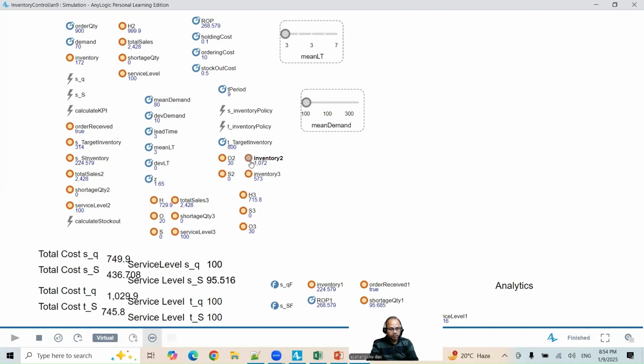So the TQ policy has the highest inventory holding. What we see is that the TQ policy is holding much higher average inventory. What we can do is either increase the ROP or reduce the ordering quantity.